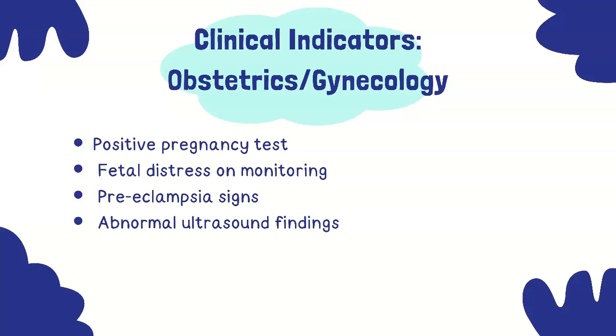I will never forget my first nephew was overdue. I think my sister was like 42 weeks pregnant. And when she was in the hospital, the fetal monitor showed that my nephew was in distress.